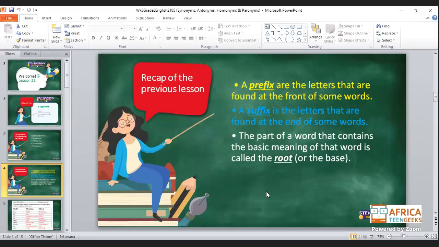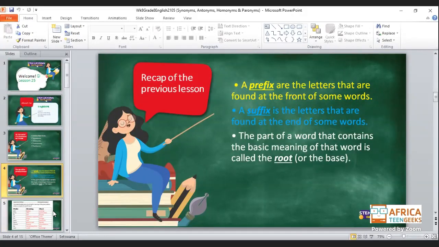And we also learned about the root of a word, which we said is the part of a word that contains the basic meaning of that word. And if you were here in the previous lesson, we did go through many and many and many of those examples. So that is what we were doing yesterday.